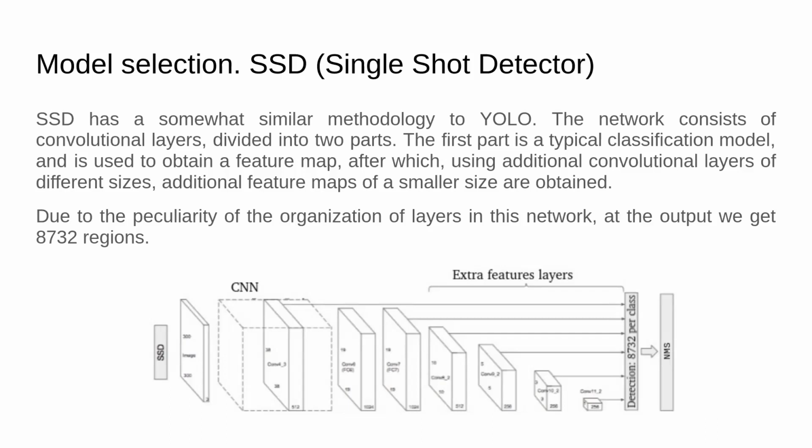The first one is a regular convolutional network that creates the main feature map, and then there is a pipeline of multiple convolutional layers of different sizes, which accumulate their results, creating a lot of proposed regions, up to 8.7 thousand regions. And another advantage of those regions is that because of convolutional layers of different sizes, SSD can detect objects in multiple scales.